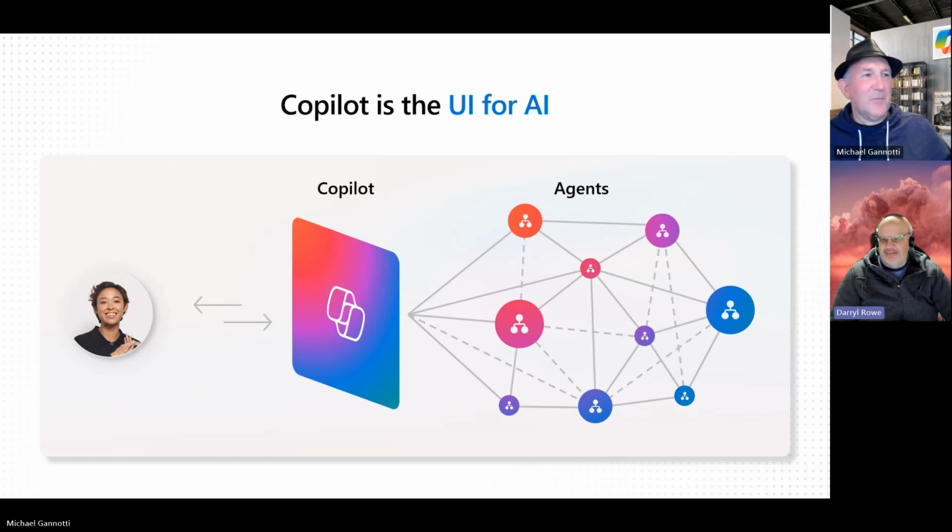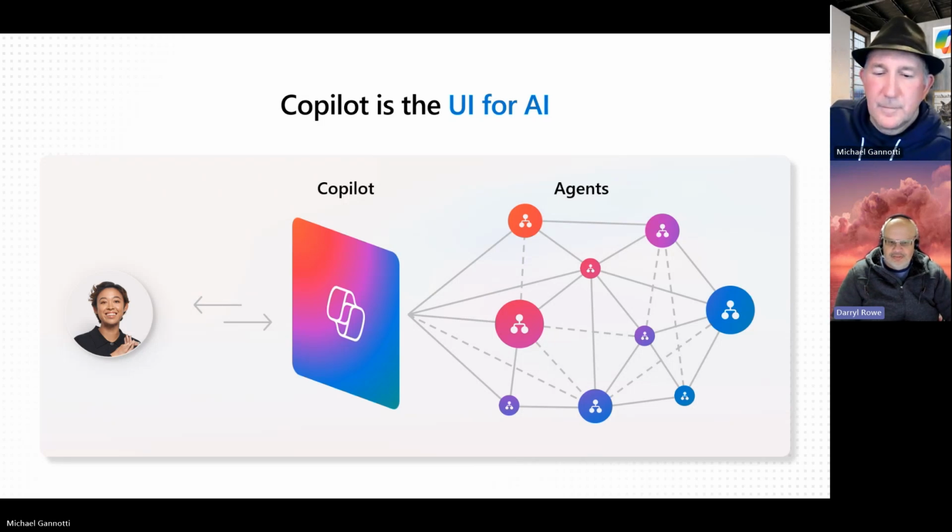Copilot is the UI for AI. You may have seen that before; I think we announced it at Ignite and other sessions. Really, Copilot is your one-stop shop for everything you want to get to with AI. I can hit the icon, find it in my Microsoft 365 client, in Teams, and in my browser. It's my one-stop shop for anything I want to connect with AI.